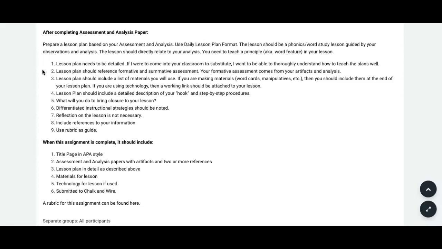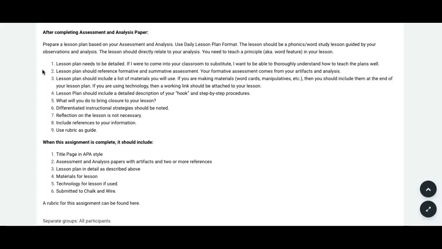The lesson plan should reference formative and summative assessment. Your formative assessment comes from your artifacts and the analysis. The lesson plan should include a list of materials you would use, if you're going to use technology or not.